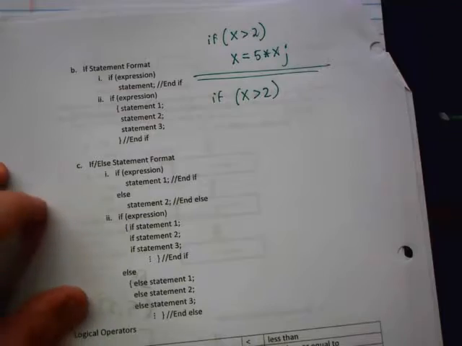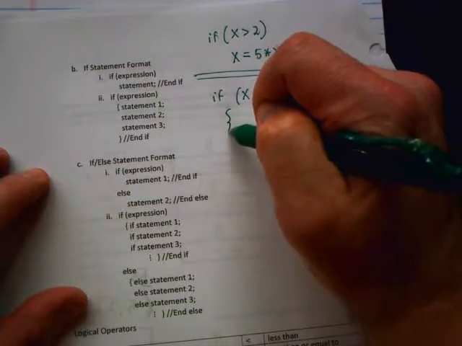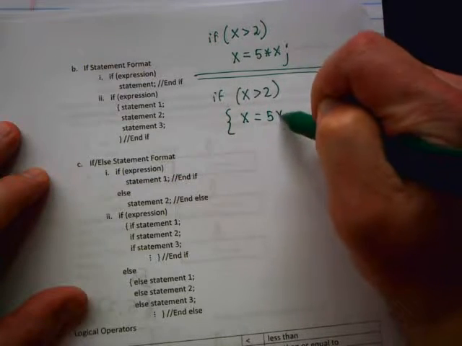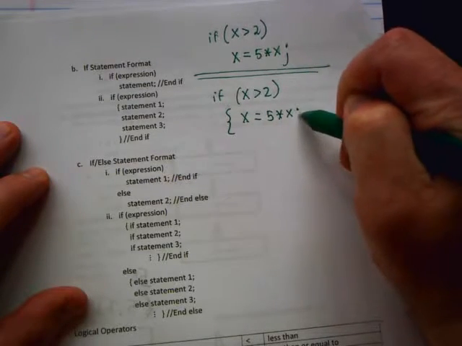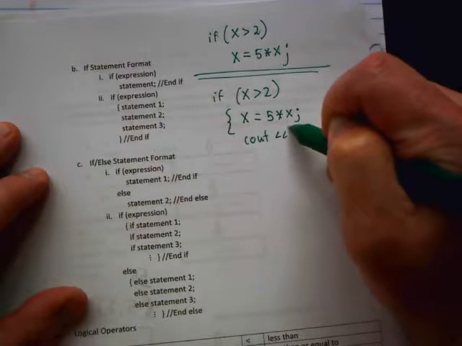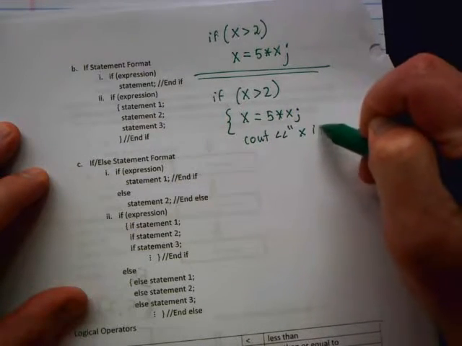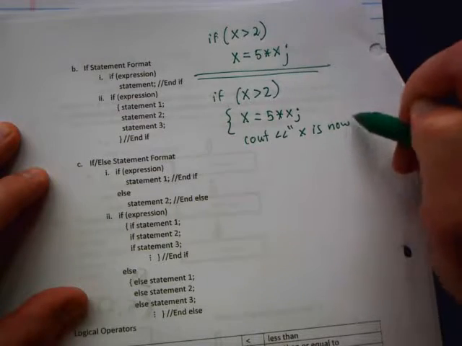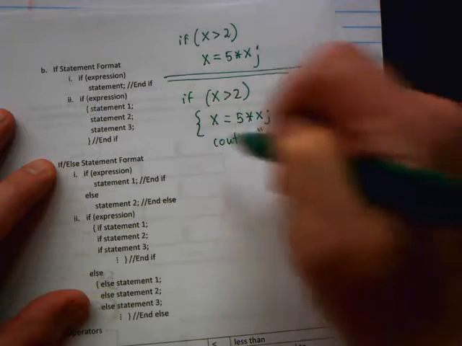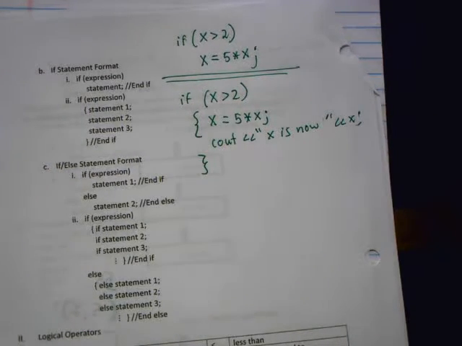No semicolon after an if statement. Then I'm going to put a curly bracket. x equals 5 times x; semicolon. cout "x is now" x. And then end the curly bracket.